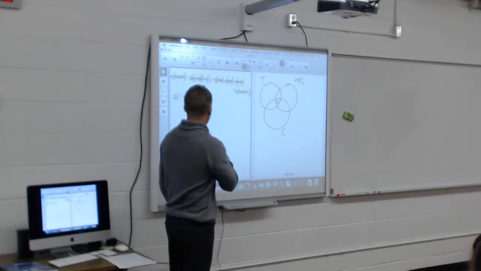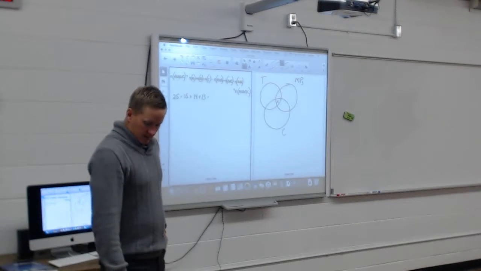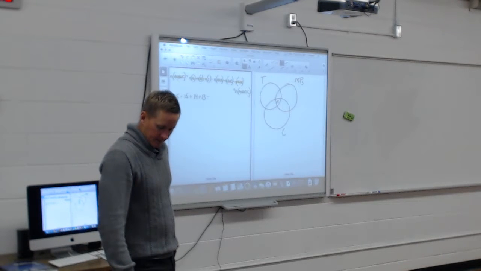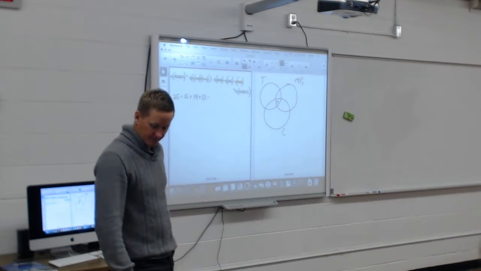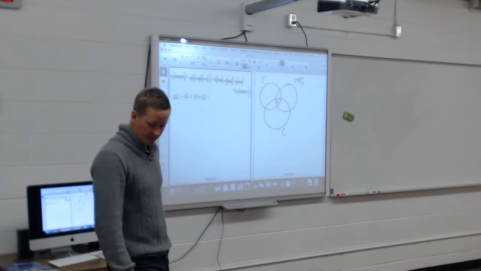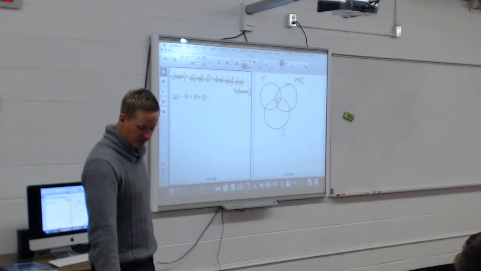Okay. So now I gotta subtract. How many students have a tablet and an MP3 player? 5. 4 students have a tablet and a cell phone, right? And 2 students have an MP3 player and a cell phone.